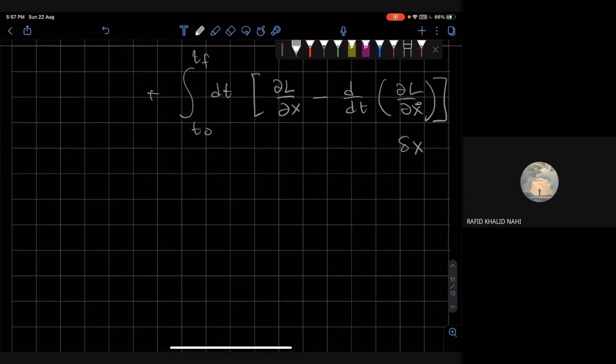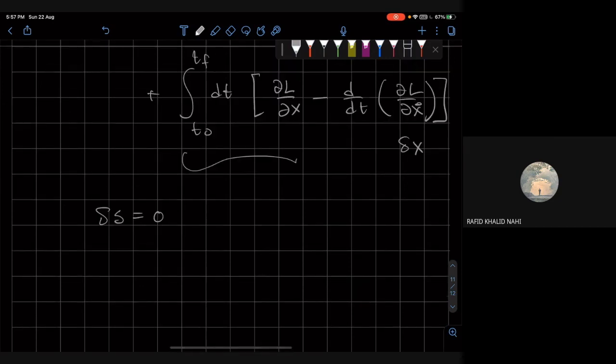Now, according to the principle of least action, for the physical path delta S is 0. That means that this thing is 0. But you see that this variation is arbitrary. It's a function of time. It's small, but it's arbitrary. That means that if this is to be true, then the integrand has to be zero identically.